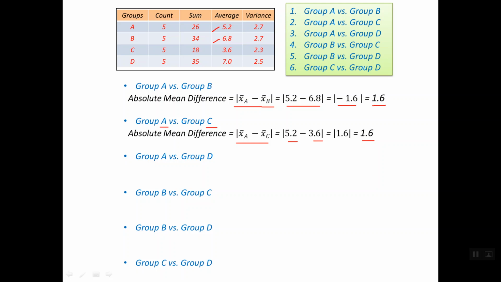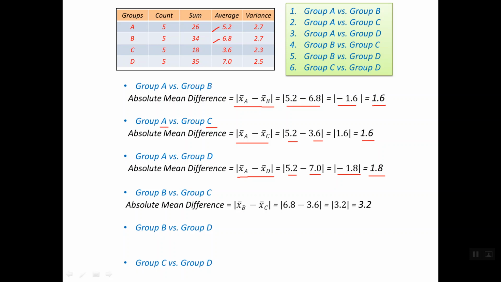Regarding the third pair, group A and group D, the absolute value of the mean of group A minus the mean of group D. This is the mean for group A and this is for D. So the absolute is minus 1.8, which is 1.8.